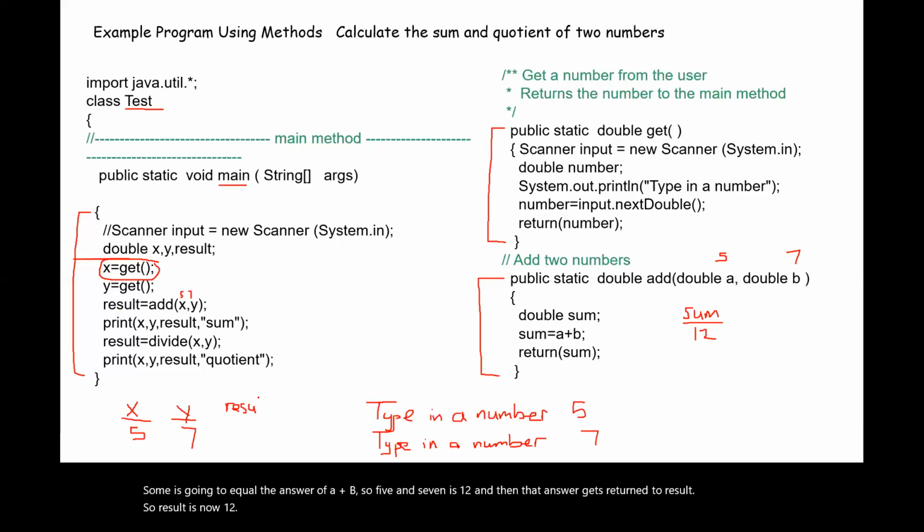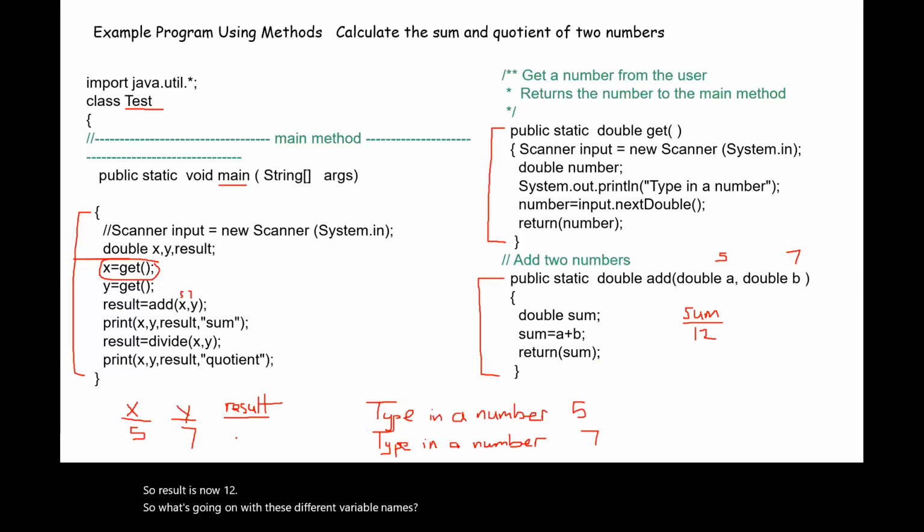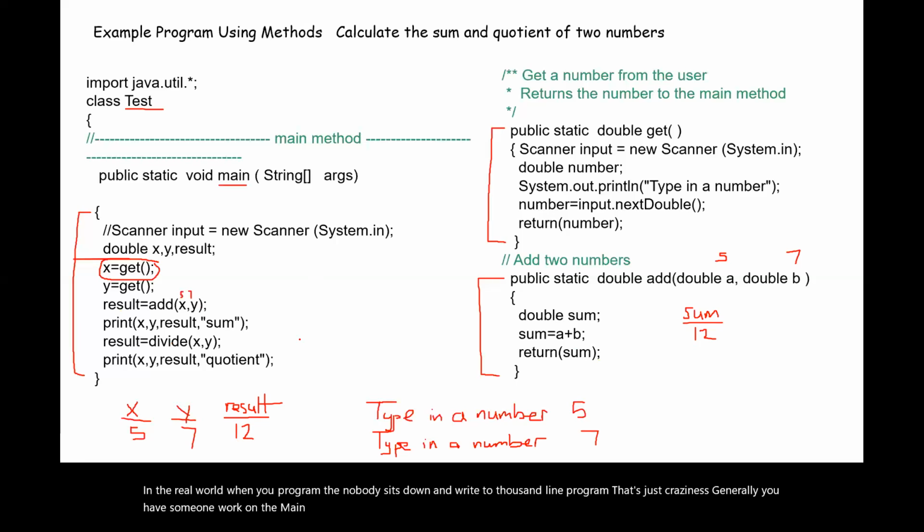So what's going on with these different variable names? In the real world, when you program, nobody sits down and writes a 1,000-line program. That's just craziness. Generally, you have someone work on the main line, or the main function or the main method, and other people work on the other methods. And we don't want to have to keep saying, what variables are you using? What order are you using them in? So instead, we tend to say, I'm going to send you 2 doubles, and I would like you to give me the addition answer and send me the result back.